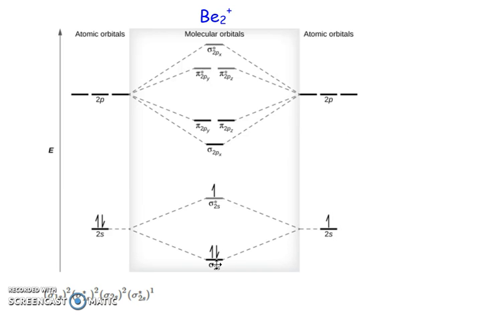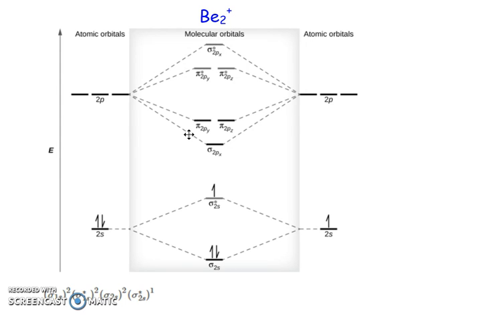The two s's combine to form a sigma 2s and a sigma star 2s. And then we also have sigma star 2px and sigma 2py and pi 2py and pi 2pz, and then the corresponding antibonding orbitals. Now this is a Be2 with a positive charge.